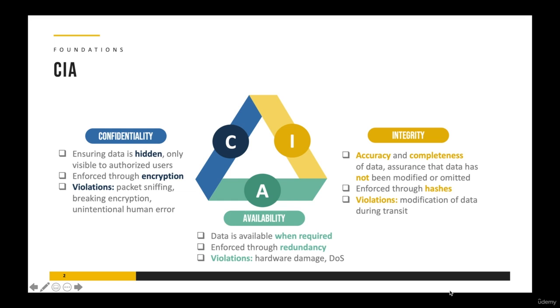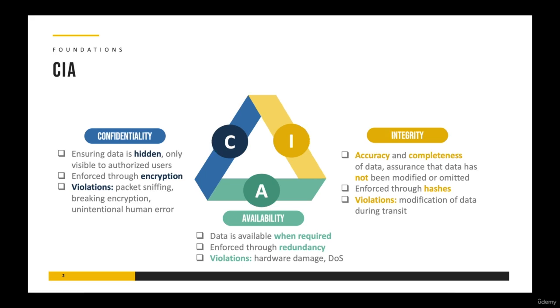However, even if someone successfully slows down your database servers or your web servers so that they cannot service the clients in an appropriate amount of time, then this would also be considered a violation of the availability. Typically, availability is enforced through redundancy. What it means is that you install multiple communication links, or for example, you install multiple web servers so that even if some of the communication links or some of the web servers are targeted, you still have some backups.